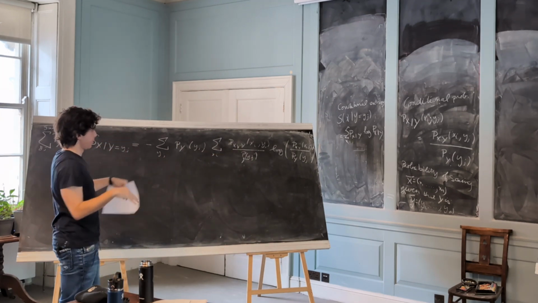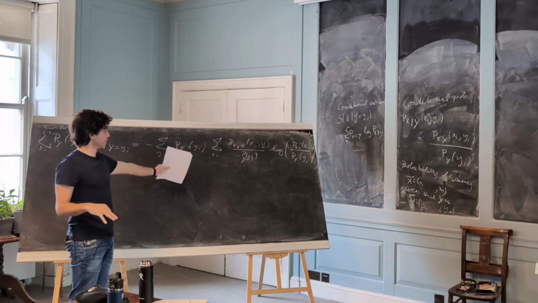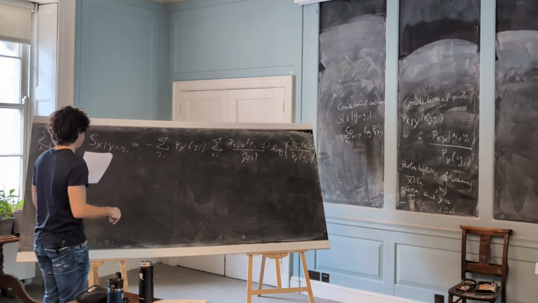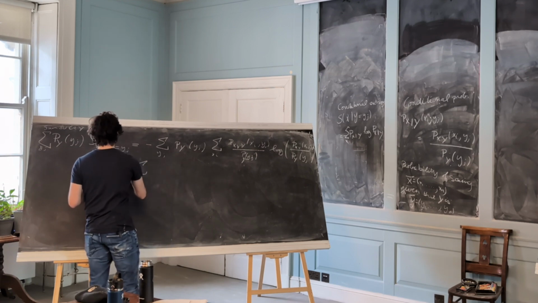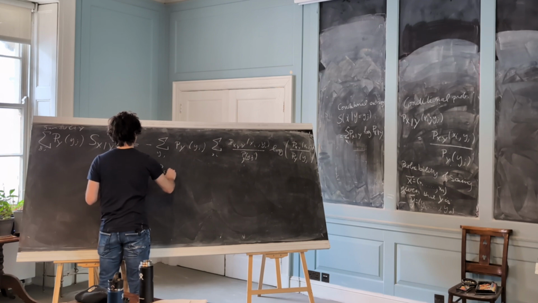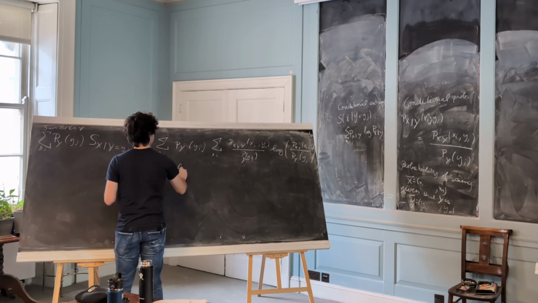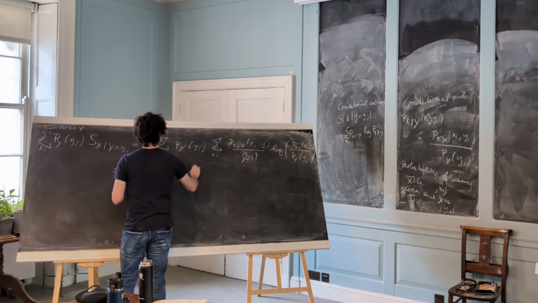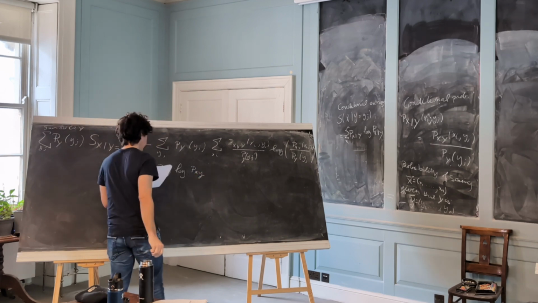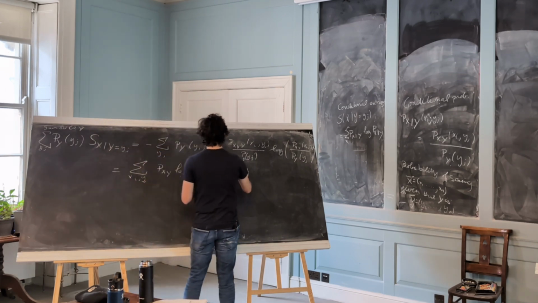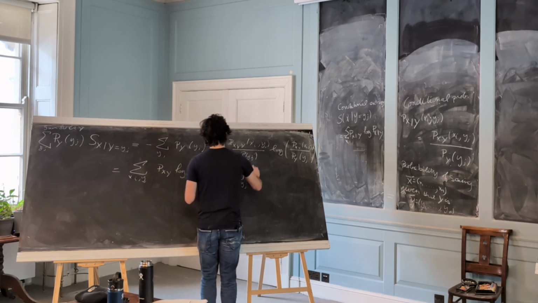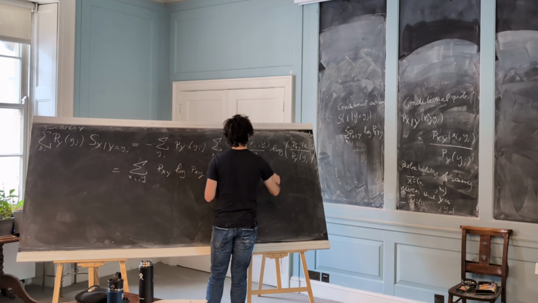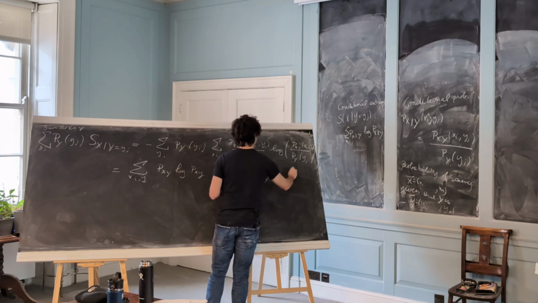Okay, so we can stare at this a little bit, and we'll notice something. We can rewrite it like this: minus the sum over xi and yj of p of xy log p of xy, plus the sum over xi and yj of p of xy log of p of y.